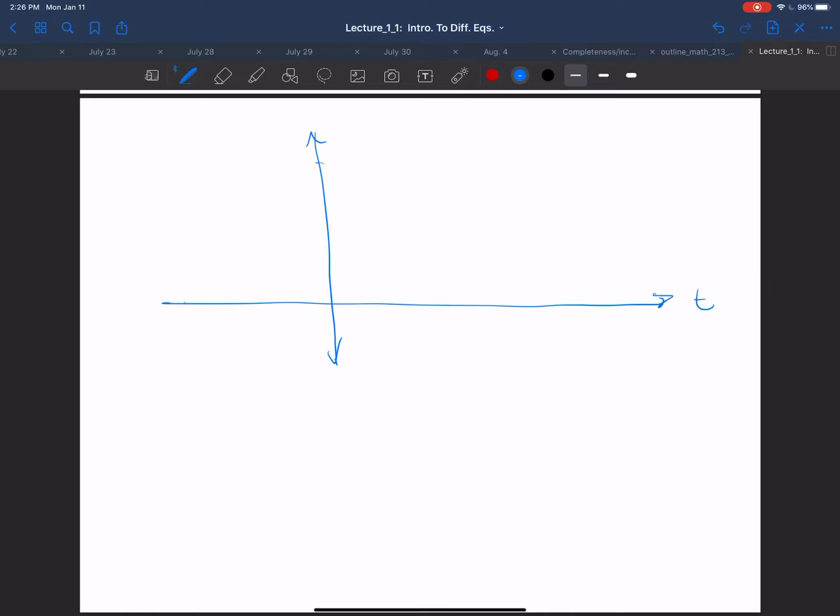We reasoned earlier that there was going to be an asymptote at a over b because x dot has to equal 0 if x ever becomes equal to a over b.